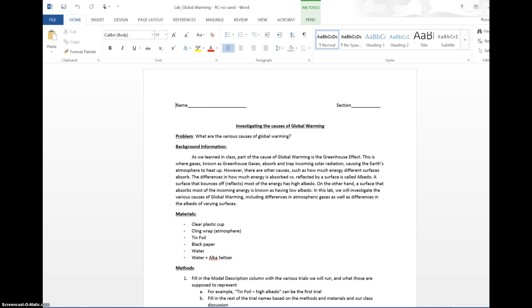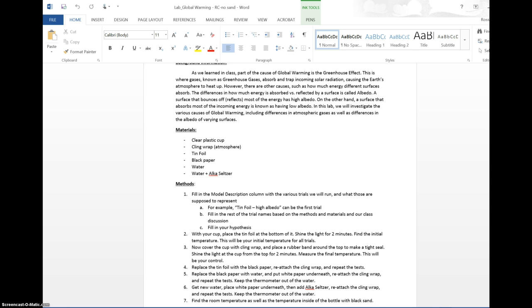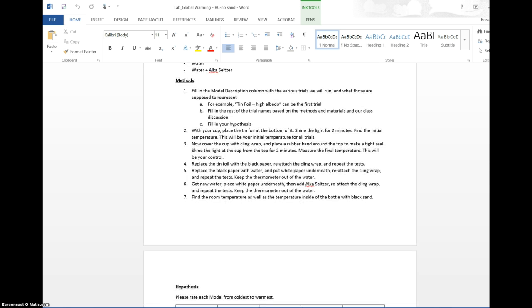So one thing that I wanted to talk about with this was, first of all, method number one says fill in the model description column with the various trials we will run and what those are supposed to represent. For example, tinfoil high albedo can be the first trial.